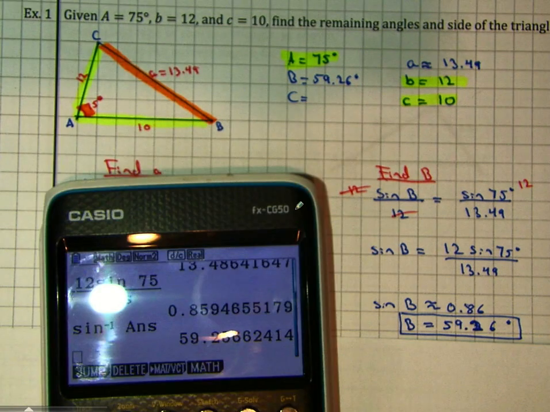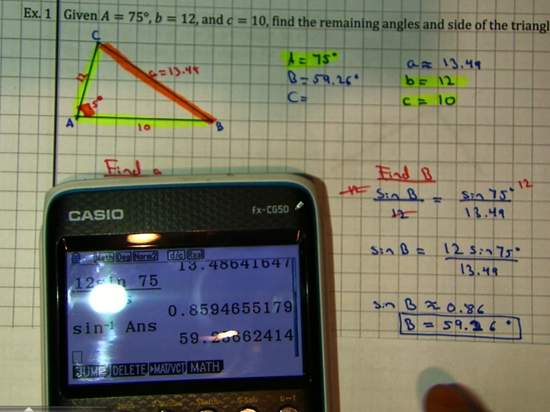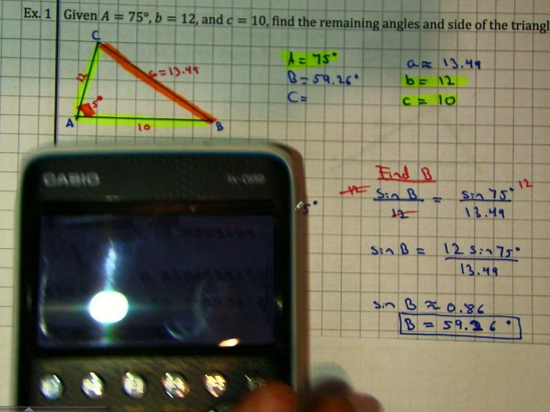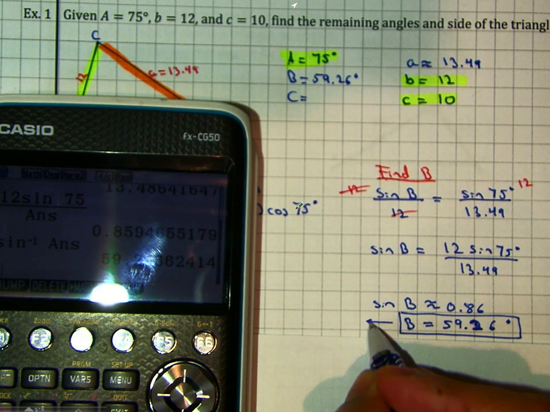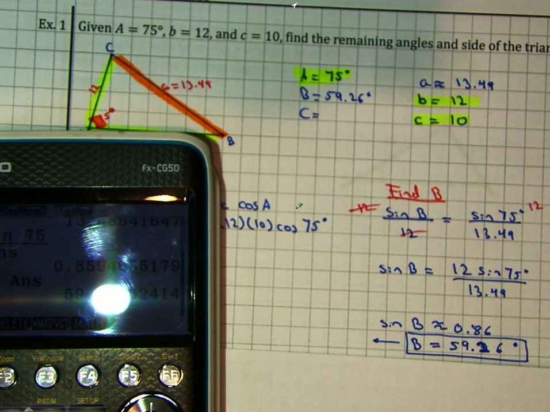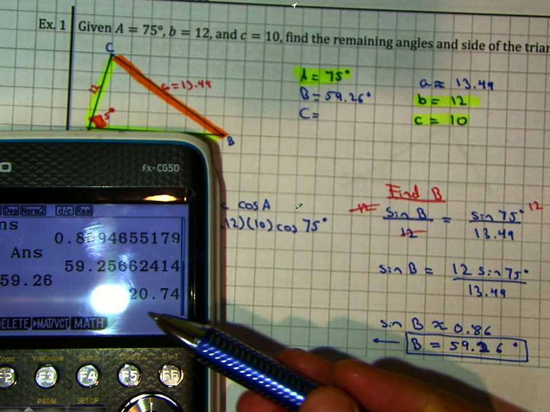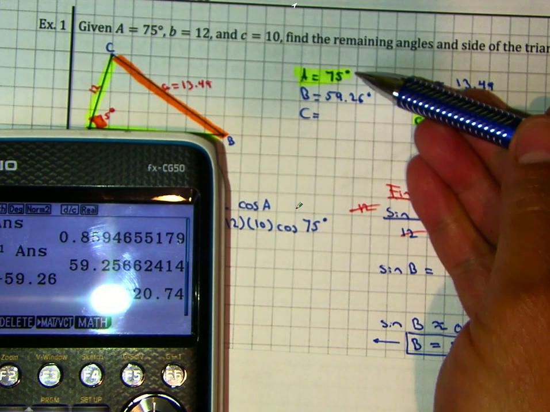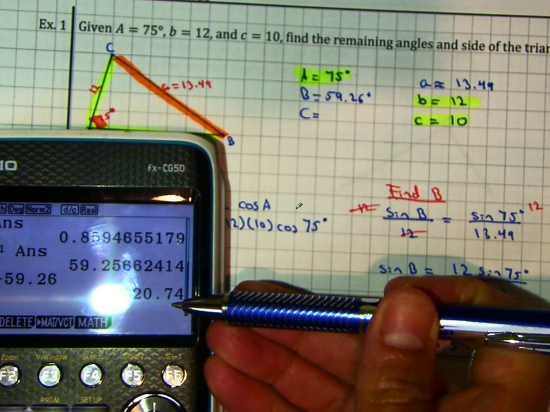Now remember that with law of sines, you can end up with two different triangles. So in this case, if we're trying to figure out whether it's 59.26 or the other triangle, if we do 180 minus 59.26, then it's 120 degrees, and there's not enough space. One angle cannot be 75 and the other one 120.